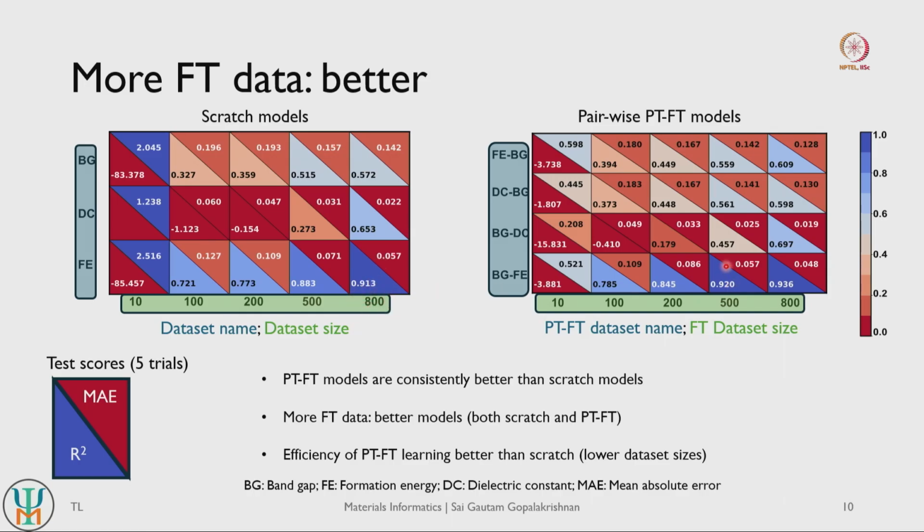So you see that the transfer learned models learn much quicker in terms of number of data points during the fine tuning step compared to the Scratch models. In other words, the efficiency of transfer learned models, how efficiently they improve in their accuracy, is much better in terms of data set size compared to Scratch models.